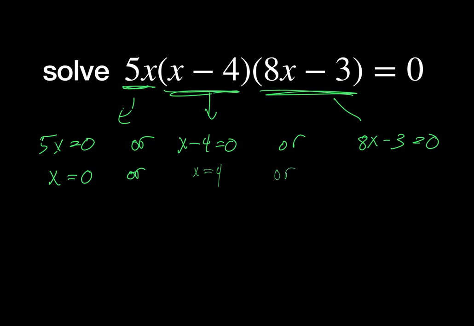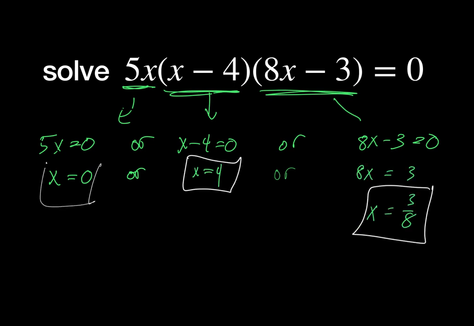Or, then I gotta solve this for x, so I'm gonna add 3 to both sides, 8x equals 3. Then divide by 8, x equals 3/8. So either x is 4, x is 0, or x is 3/8.